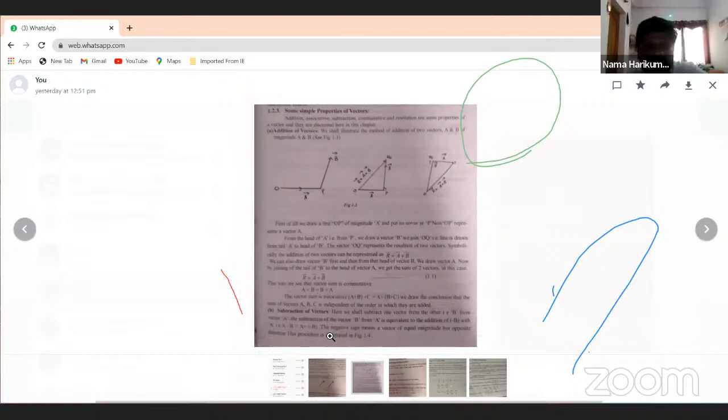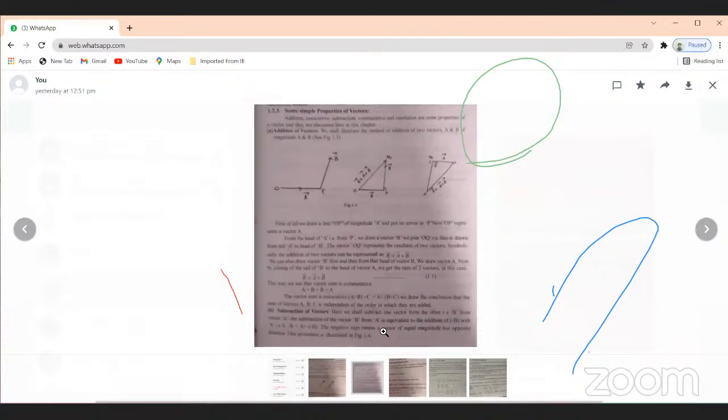Which one is the subtraction process? In the subtraction process, O2P and Q2P should be there, right sir?